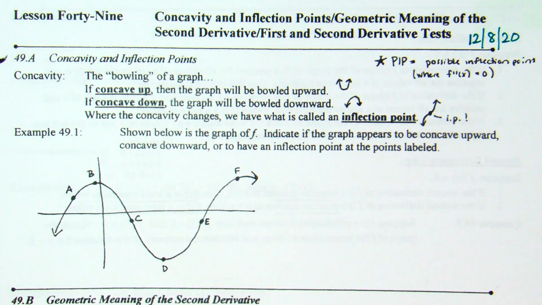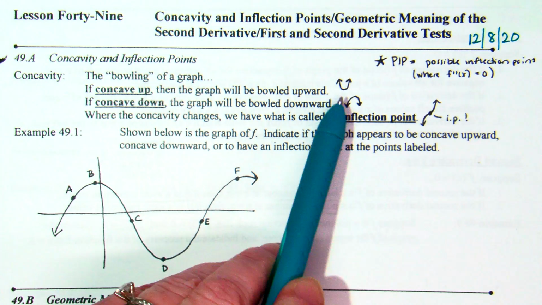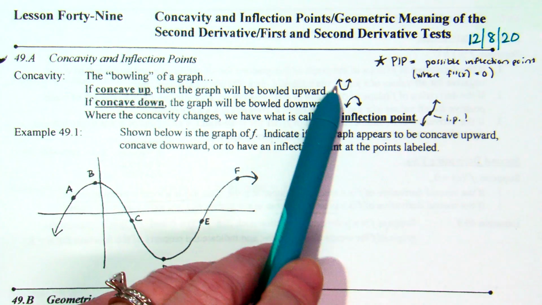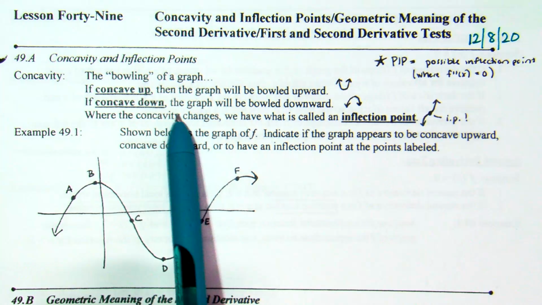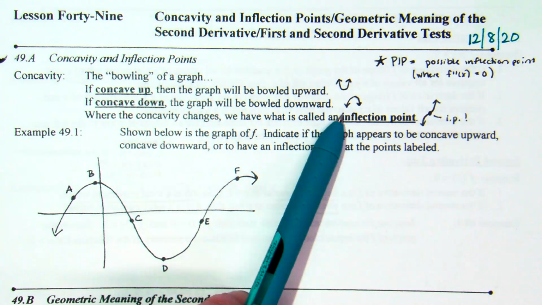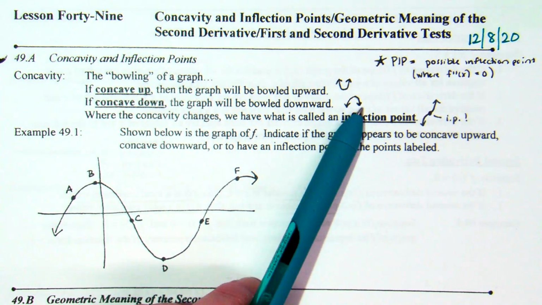So, concave up versus concave down. If concave up, the graph will be bowled upwards. Any part of a curve that is concave up has that upward shape. If something is concave down, the graph will be bowled downwards. And not your bowling ball bowled, but like the shape of a bowl you eat your cereal out of.